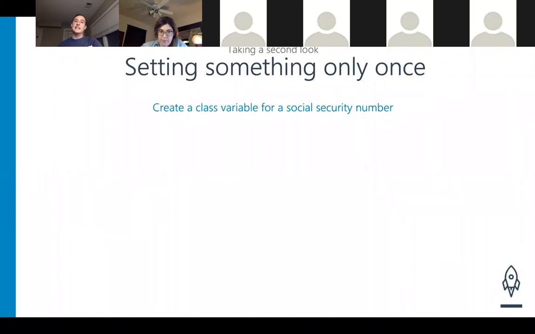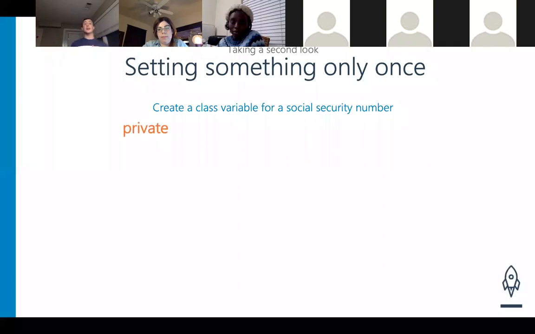Let's try to talk about what we talked about last week. Say we want to create a class variable for a social security number. Now remember, the social security number will never change because a person is assigned a social security number, and in that person class, it should never change once it's been assigned. So tell me, how would we create this class variable? Public static.